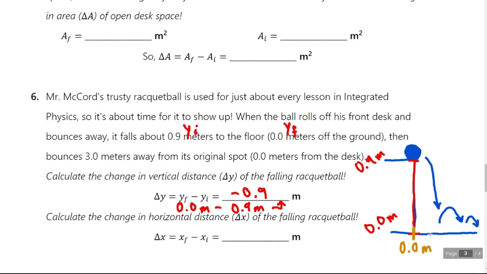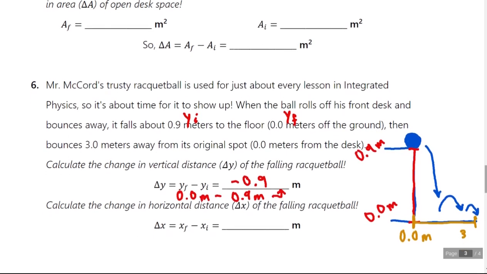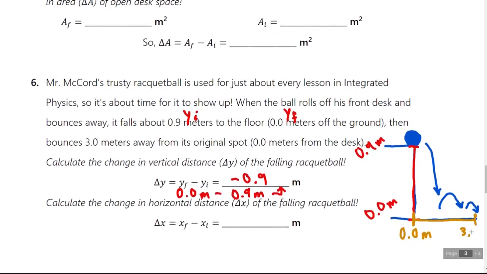As the ball moves and winds up somewhere else horizontally, I want to measure how far it is from there. In this case, our ball bounces 3.0 meters away from its original spot, 3.0 meters from its starting point, which is right here.